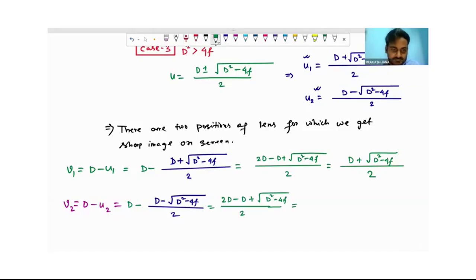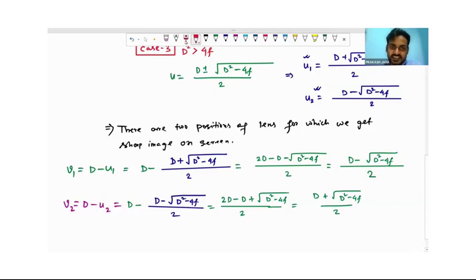Here a negative sign will be there, and here it is fine. That is, it will give d plus root of d squared minus 4f, by 2.